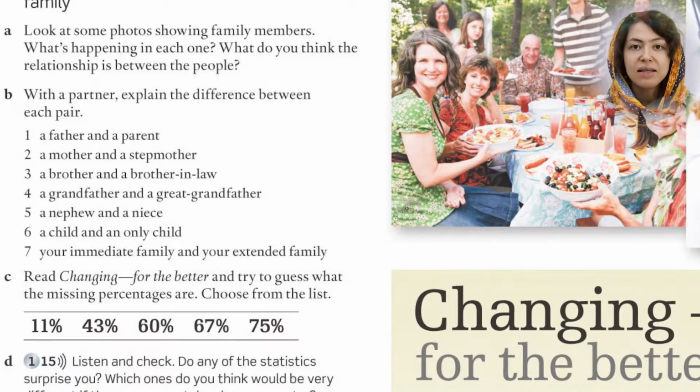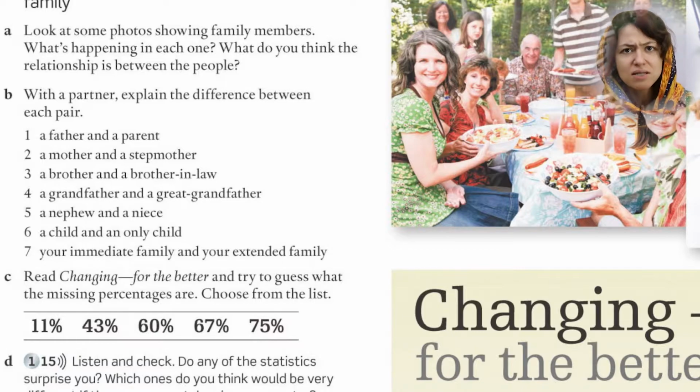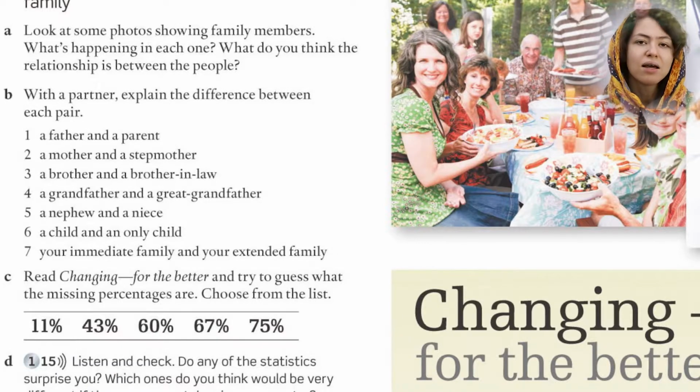And a niece. If my brother or my sister has a daughter, okay, so we can call that girl, baby girl, we can call her niece, okay? Not necessarily a baby, but the daughter of my sister or my brother is called a niece.